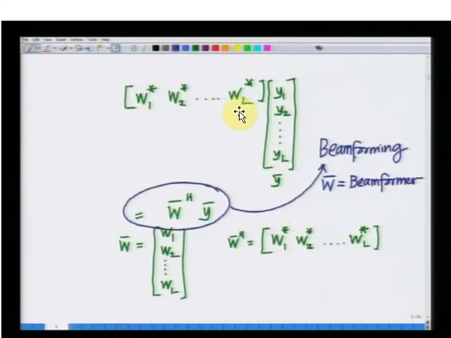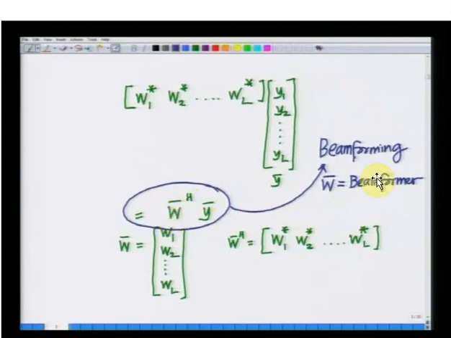If we write this in vectorial form, we would have a row vector of W conjugates multiplied with a column vector Y bar. In combined vectorial form, it is given by W bar Hermitian times Y bar.